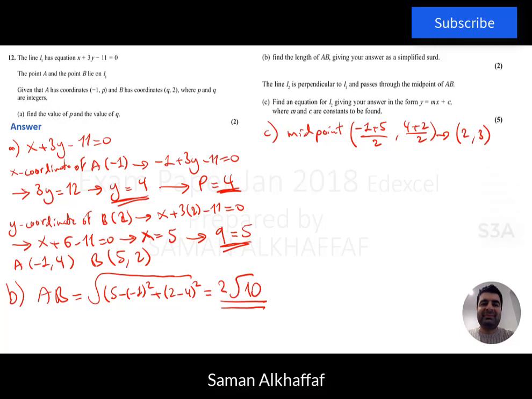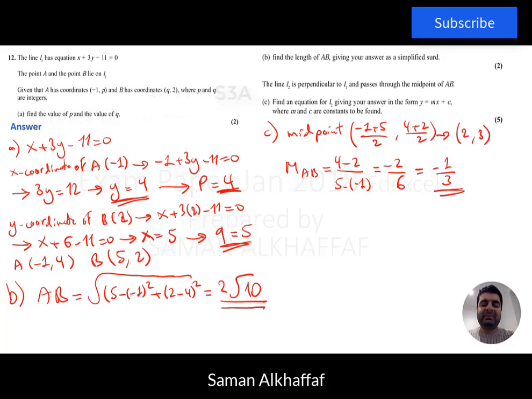Now to find the gradient of AB, we have the y values taken away from each other divided by the x values, so it will be 4 take away 2 over -1 minus 5, so that will give us minus 2 over 6, which is minus a third.